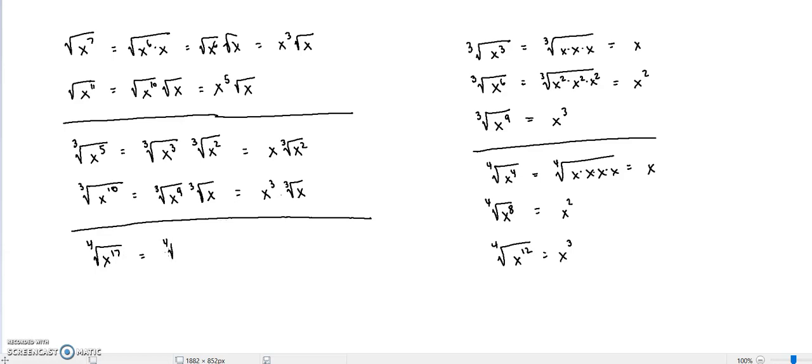So I could do the 4th root of x to the 16th with 1 left over. 16 plus 1 would make 17. Sorry. Okay, so I would take a 4th here, and I would get x to the 4th for the first part. And then I would have 4th root of x left over. Okay, so each time you're taking out the biggest thing that you can and then seeing what you have left over.